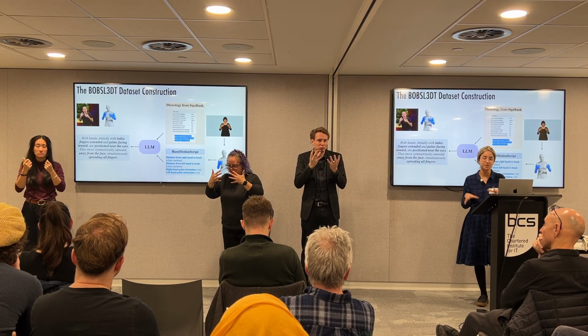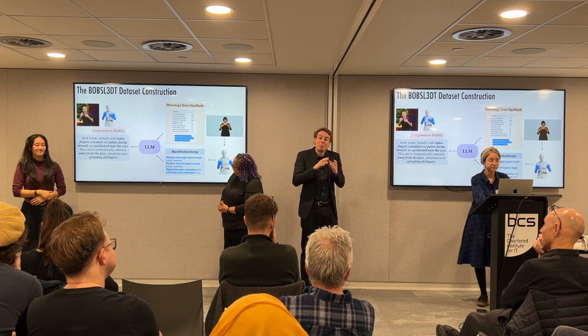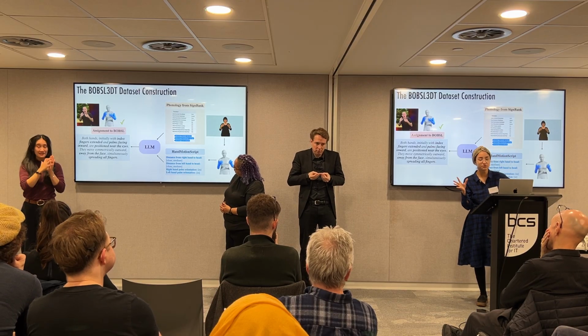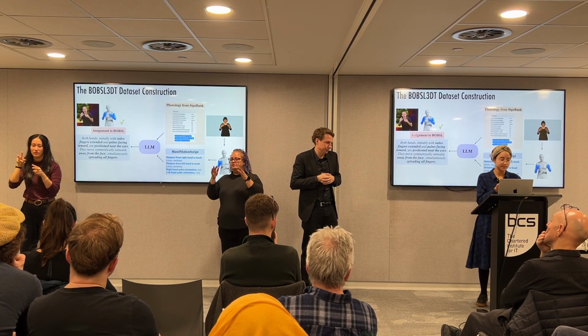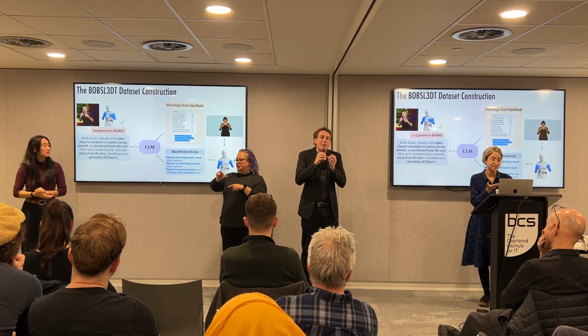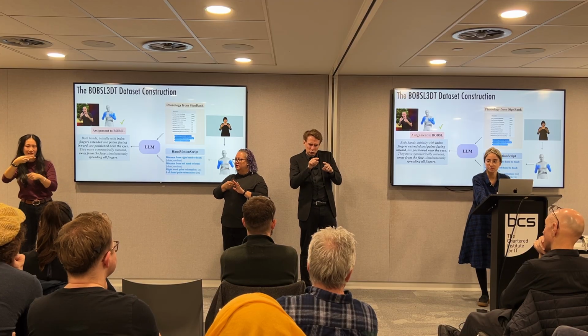So you see it's a combination of information from SignBank and HandMotionScript. So now this text description comes from the SignBank videos, but we can associate them to our BabSL 3D motion based on the gloss names that are the labels of the BabSL motions.